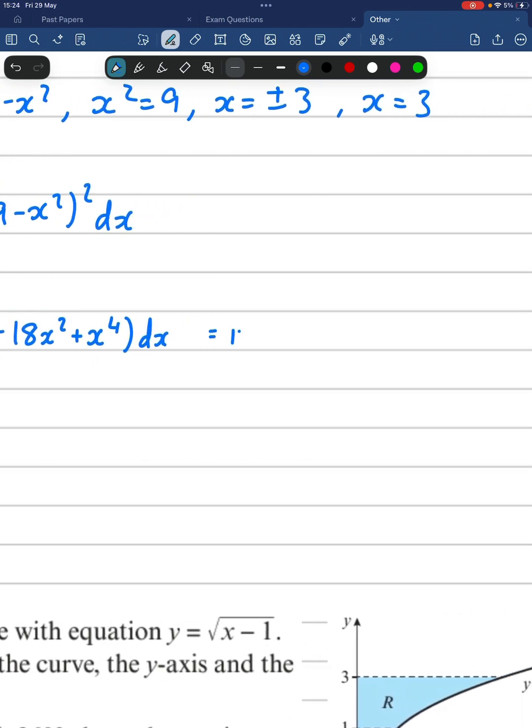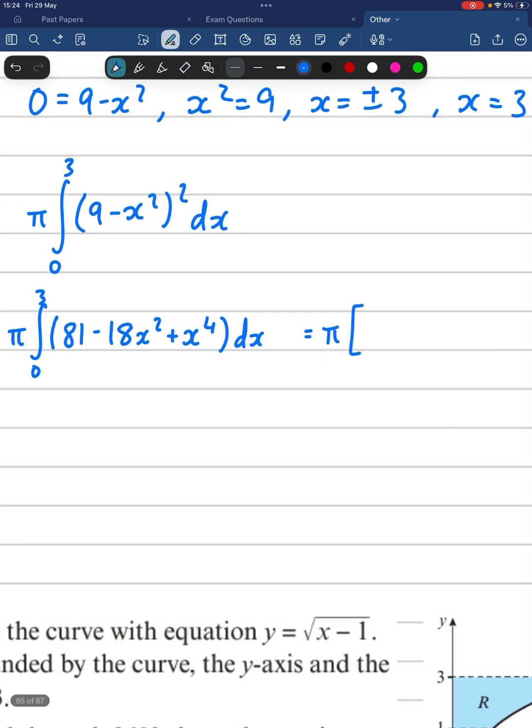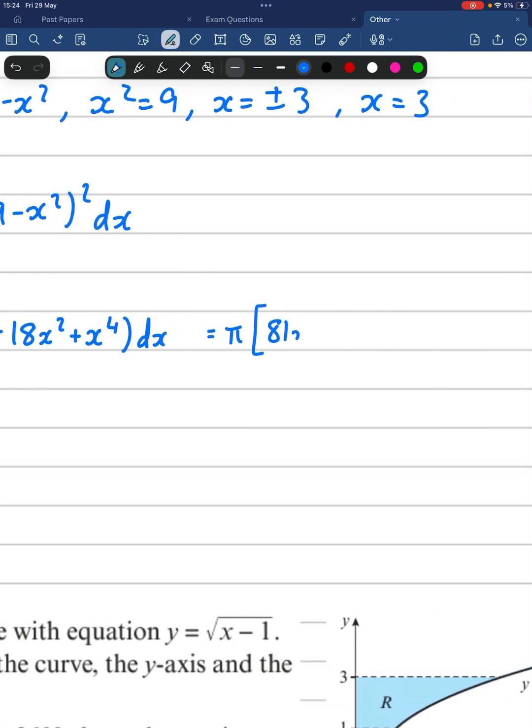So this becomes pi lots of 81x minus 6x cubed plus x to the power of 5 over 5 between 0 and 3.